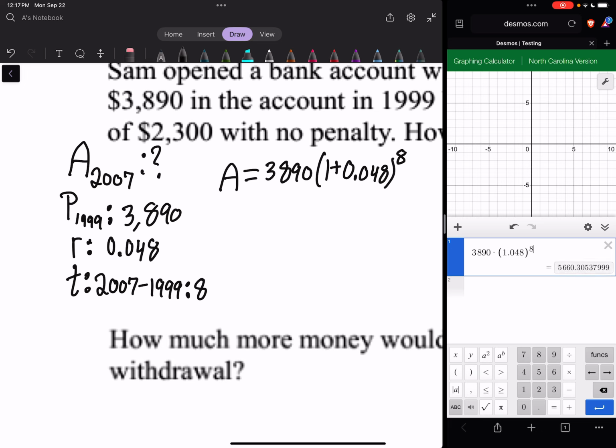And I get $5,660 in 2007, approximately equal to $5,660.31.